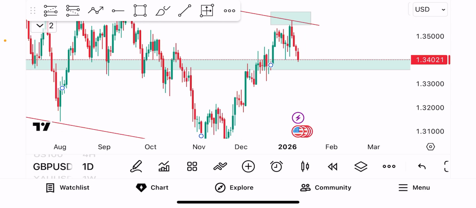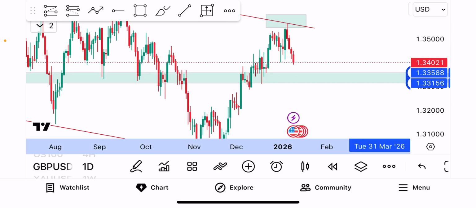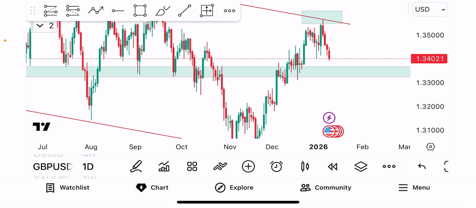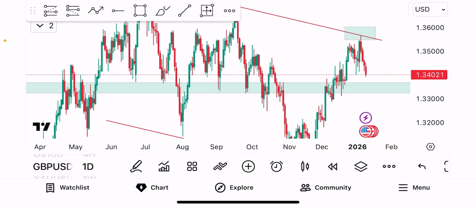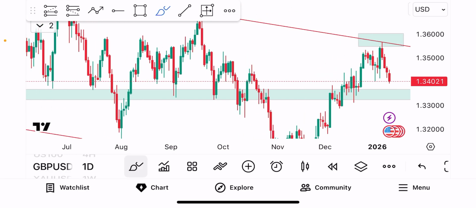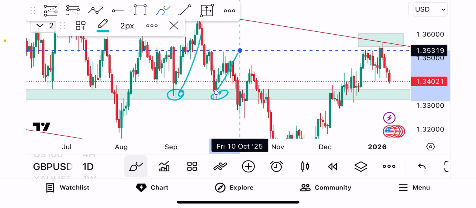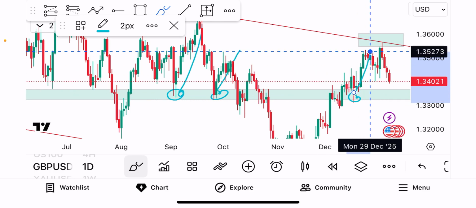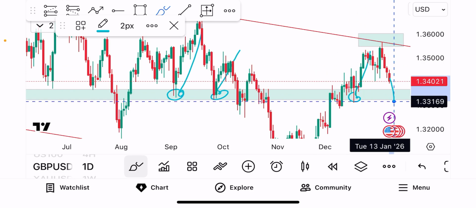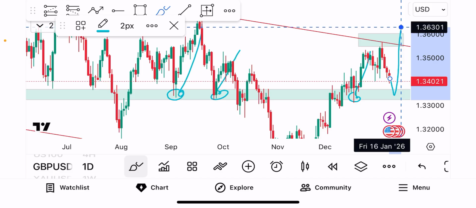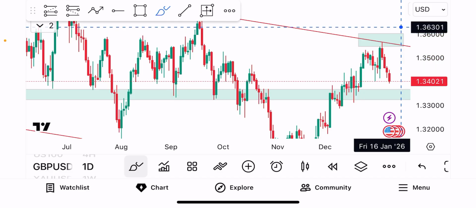So from the daily time frame, this is the right place it should be. Here we can see how price has reacted off of that zone countless times. From here it served as a support, it also served as a support here, and then here it served as a support. So as price is pulling back to that same level, it could serve as a support and bounce off.